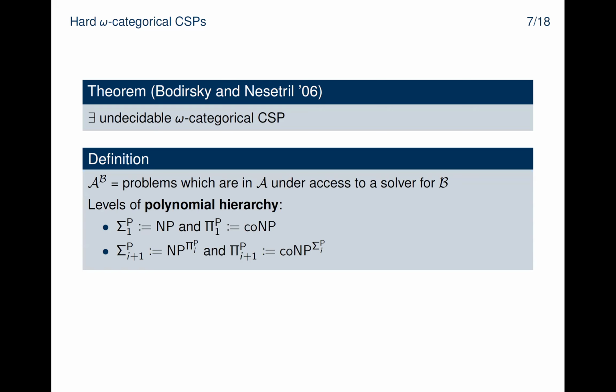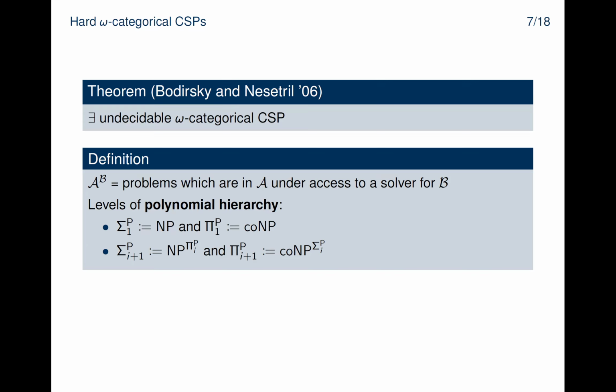So A to B is the class of all problems which are in A, if we allow an algorithm with such a runtime access to a solver for B, to an algorithm from B. And this definition is used to define the levels of the polynomial hierarchy.